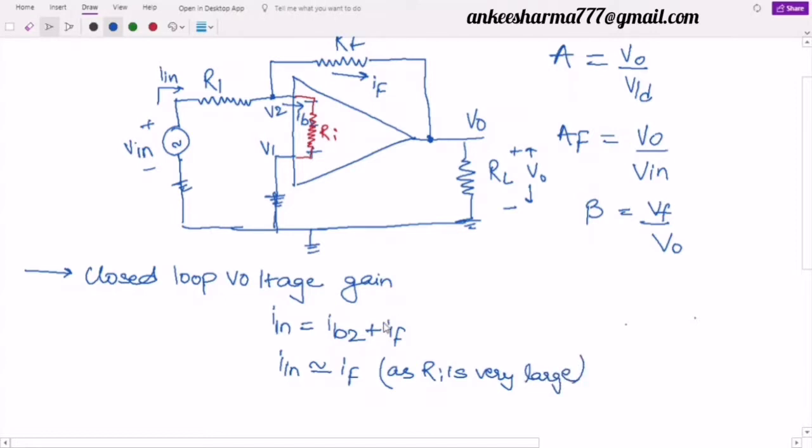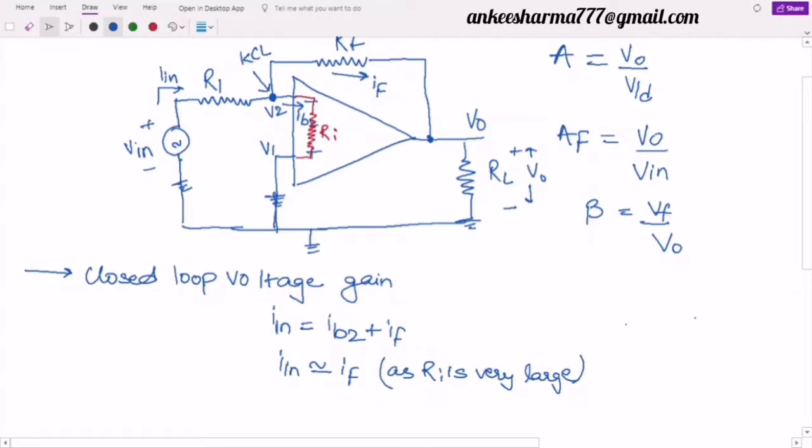Now, if I apply my KCL at node V2, at this node 2, you know how to apply the KCL. We assume total currents going outward. So I in will become minus I in, IF will be outward, so it will remain the same, and IB2 is 0.